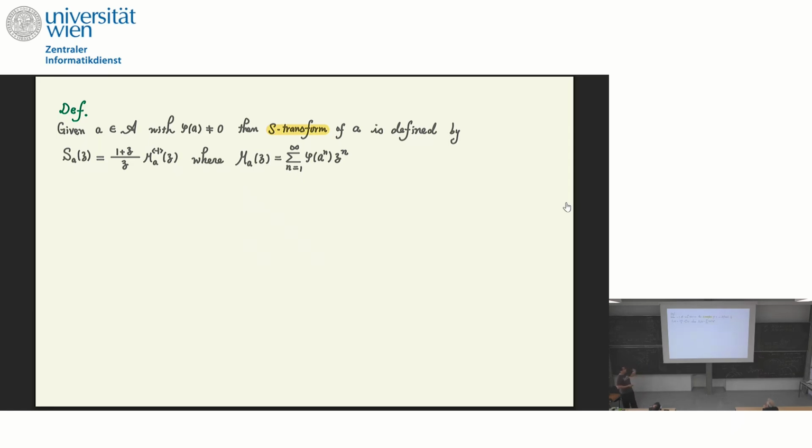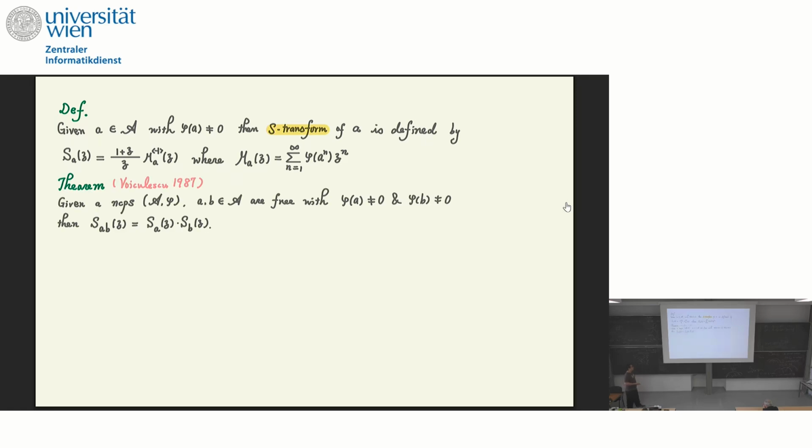Then the S transform is defined in the following way, where S_A is defined as (1 plus z) over z times the N inverse, where N is the moment generating function. Okay. And its important result is that the S transform can be used to calculate the law of A times B by the following formula: S_AB is equal to S_A times S_B.